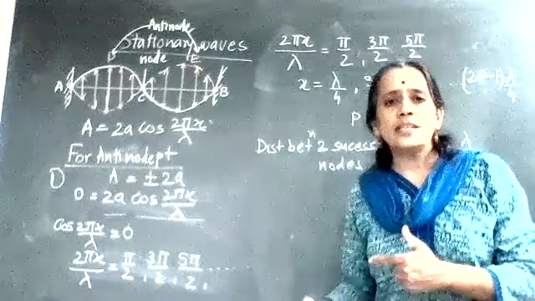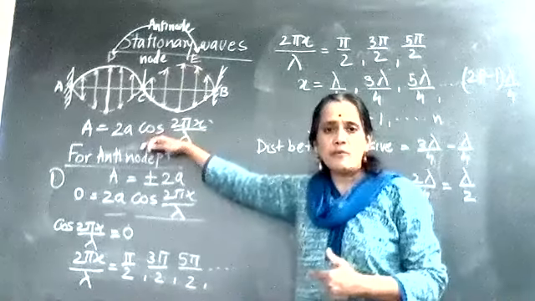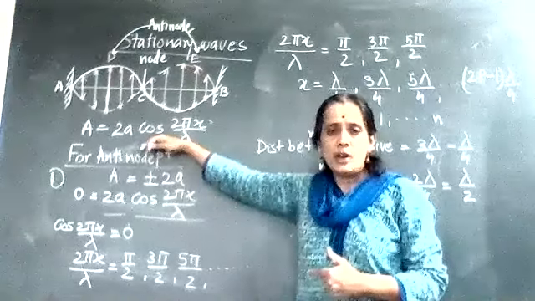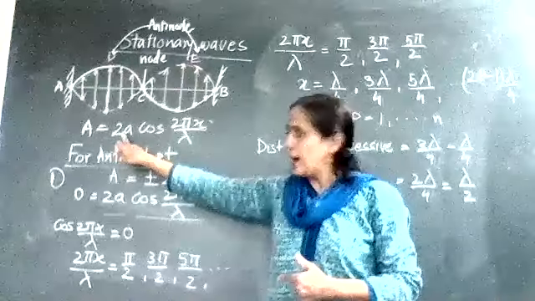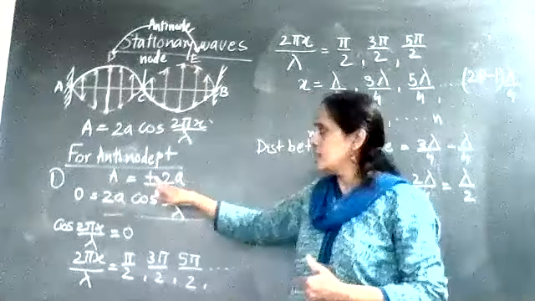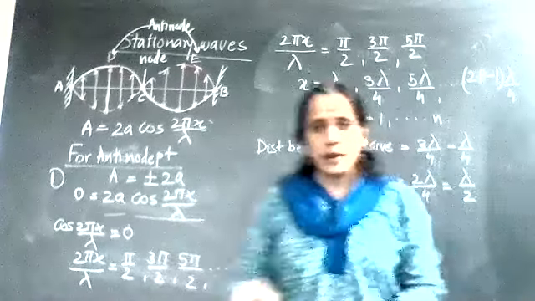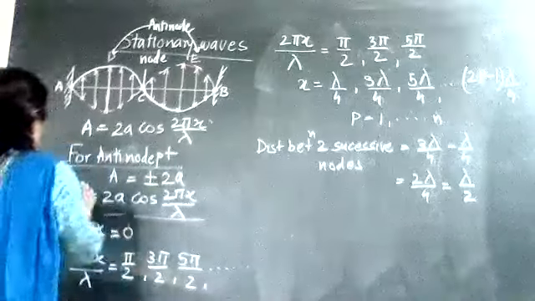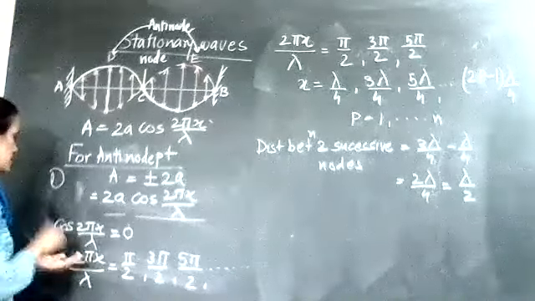And in the negative sense, the value is minus 1. So cos of the angle has a maximum value plus 1 or minus 1, multiplied by 2a. And therefore you will get your resultant amplitude A equal to plus minus 2a.